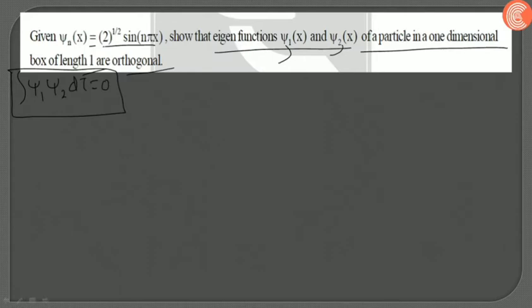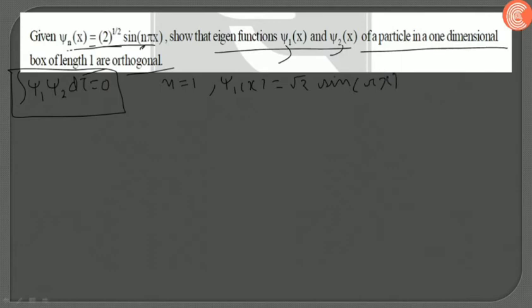then we can say that these two eigenfunctions are orthogonal. If we put n equals 1 in this generalized wave function, we get psi1 of x, which is root 2 sine pi x. So the first eigenfunction is here.